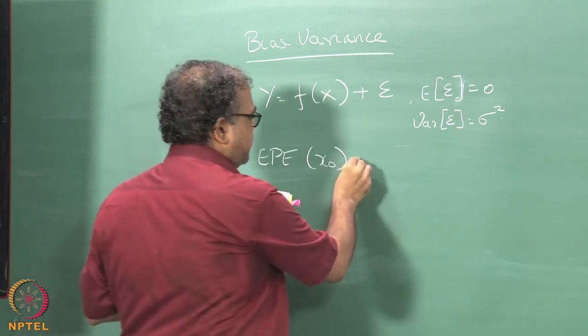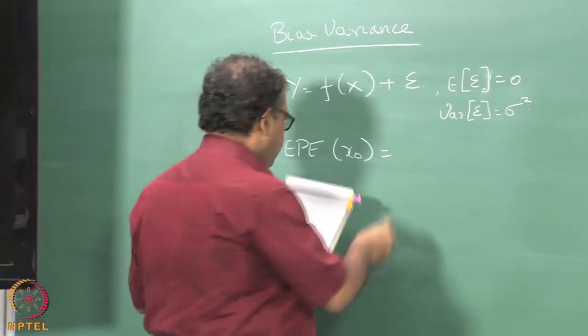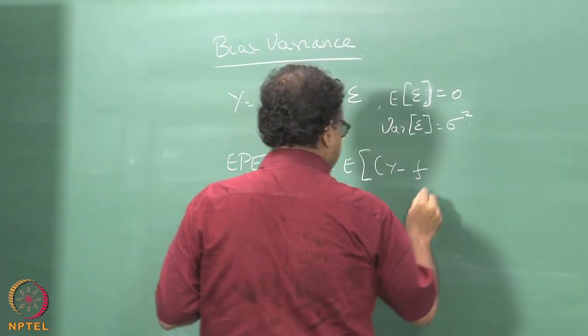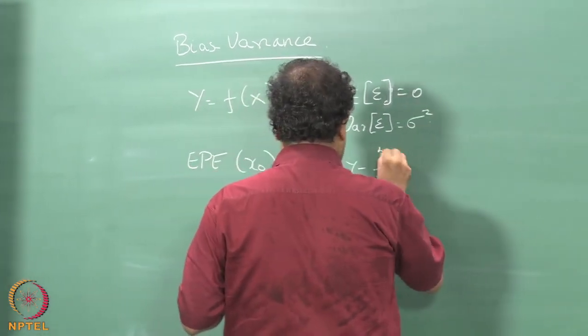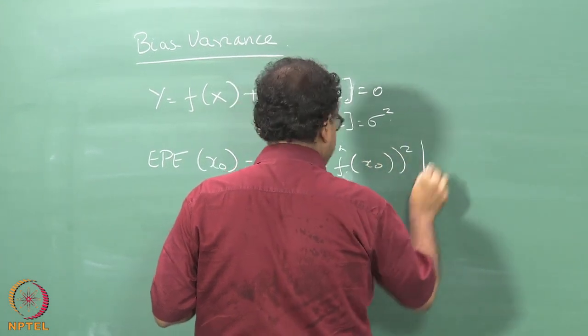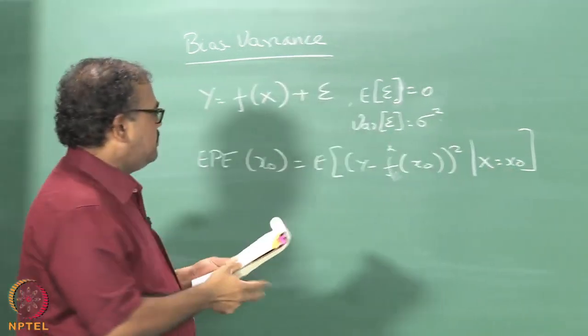So the expected prediction error at some point x naught is essentially the following.